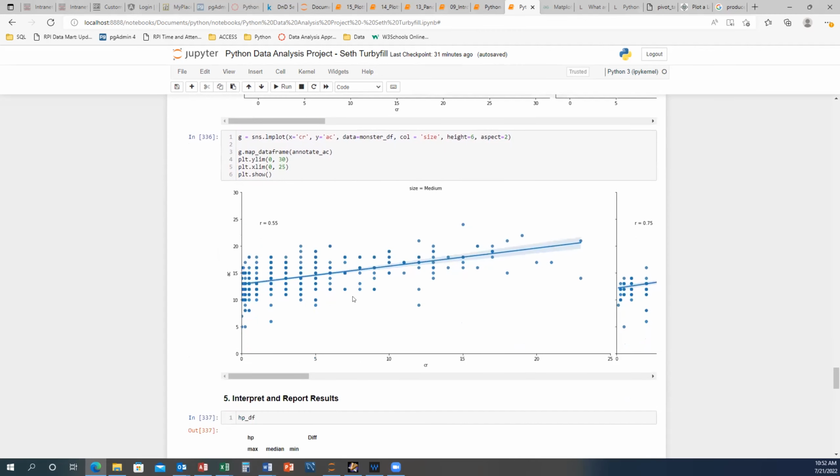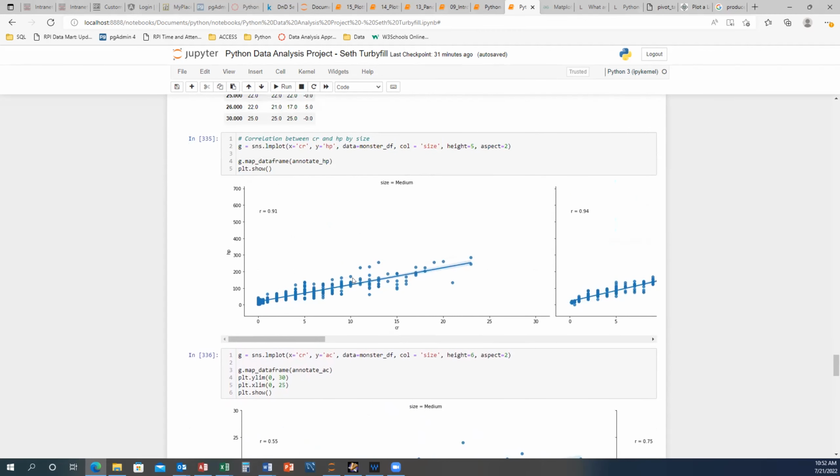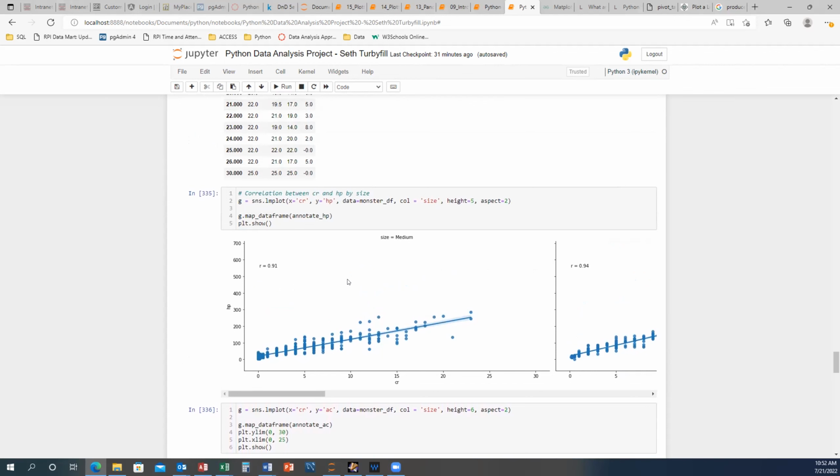Cool. Hey, Seth, while you're on that, go back up to that. I'm not familiar with it, it looks like g equals sns.lmplot is creating a linear model plot. So I got that using that method. And then you're using that linear model plot object that you created called g.